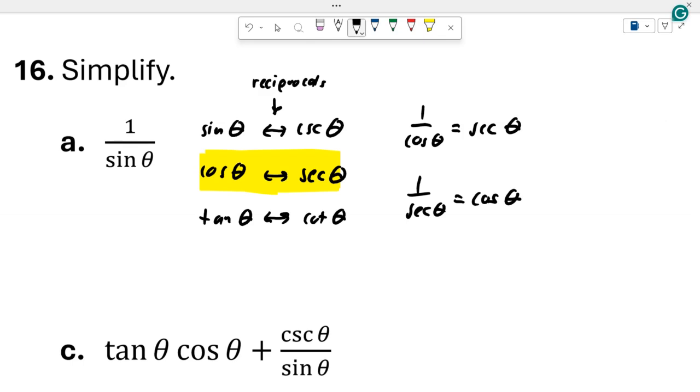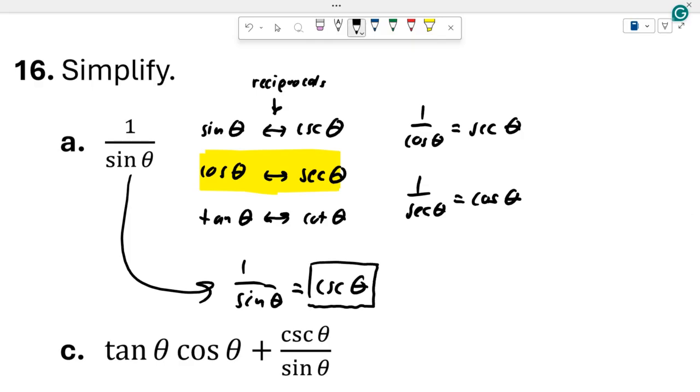Right? And so these are relationships between the trig functions that we do want to try to remember. So we're talking about 1 over sine. Well, 1 over sine is one way for you to write cosecant. And so my answer for 16A is cosecant. Again, it's debatable as to whether or not this would be considered simplified.